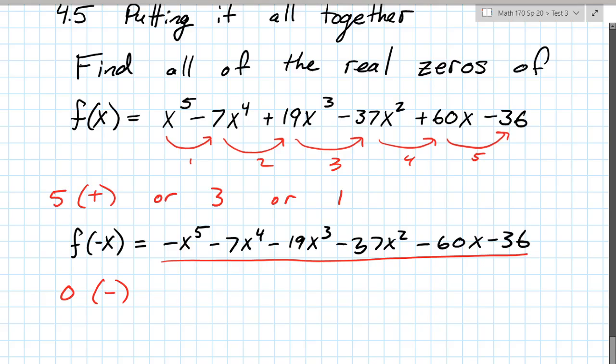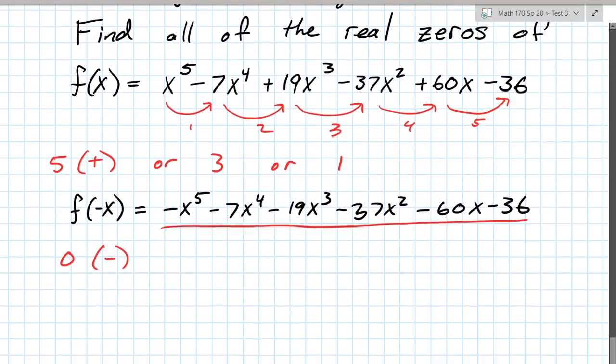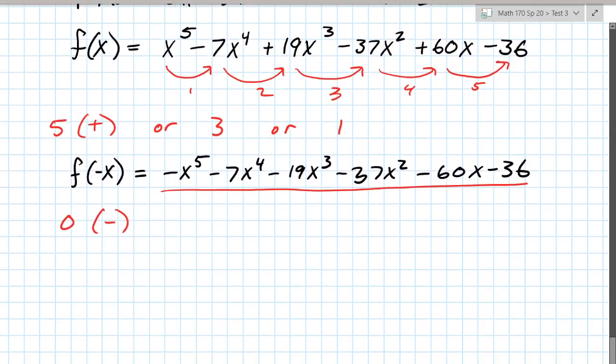So what values should we check? We're going to use the P over Q, or the rational zeros theorem.